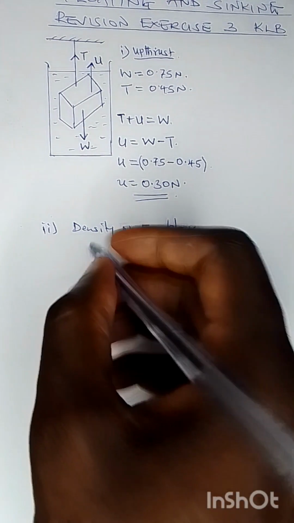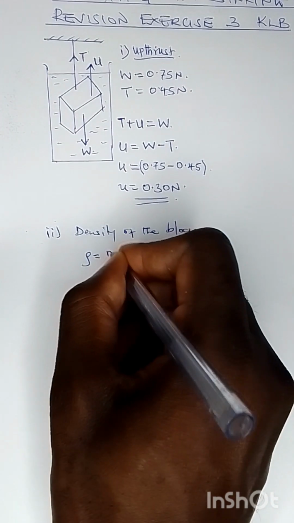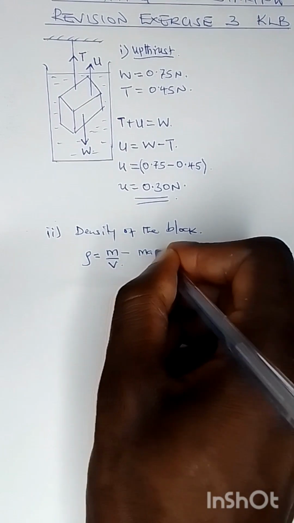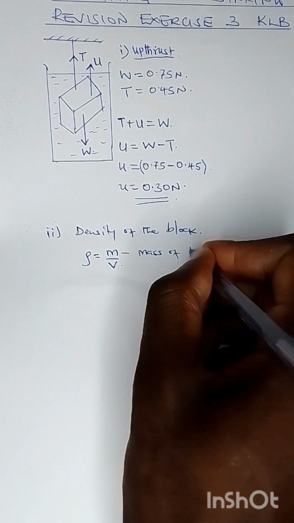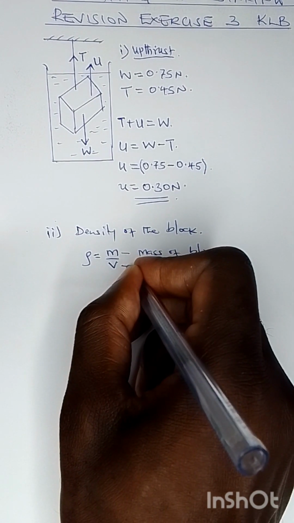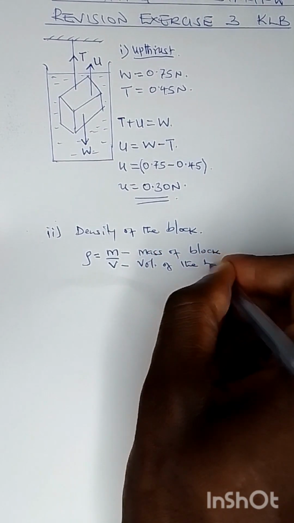We know very well that density is given by mass divided by volume, where M here is the mass of the block and V here is the volume of the block.